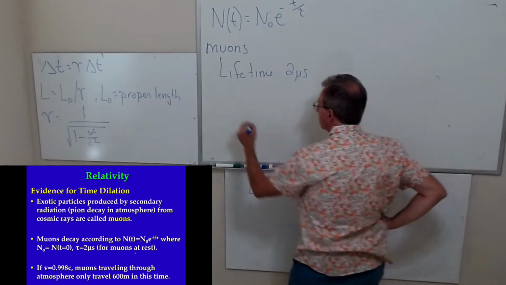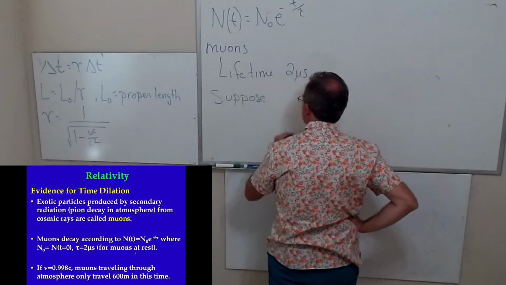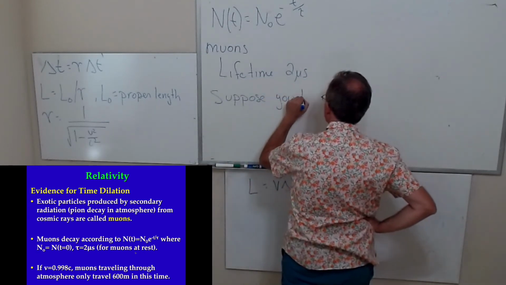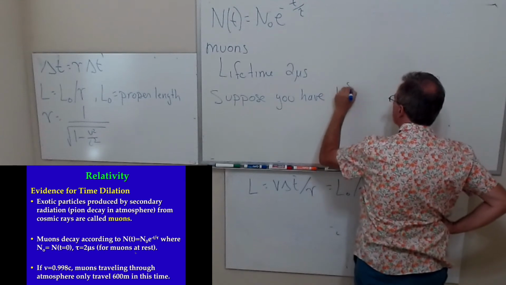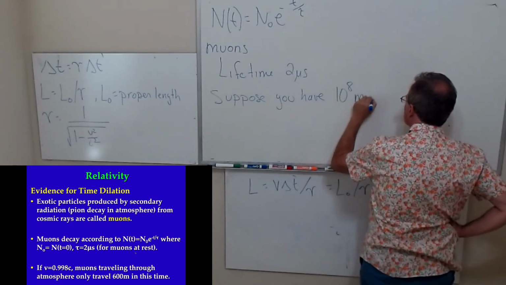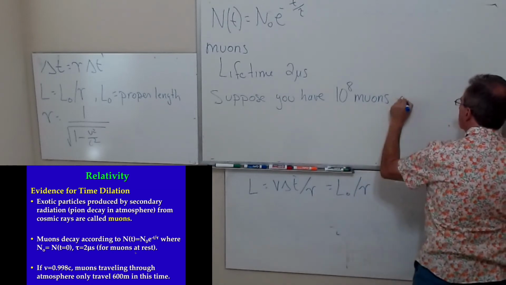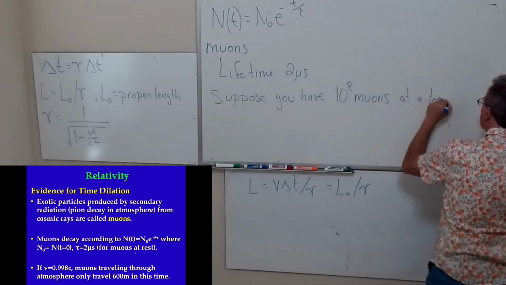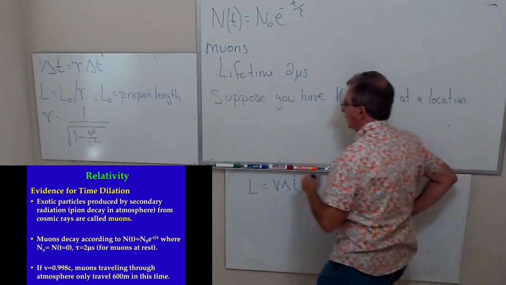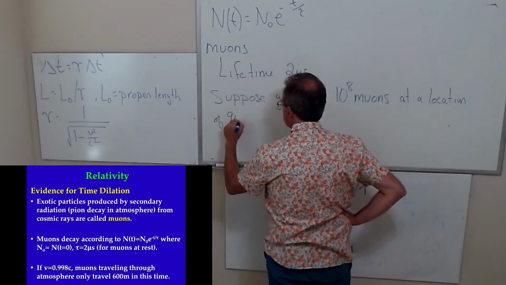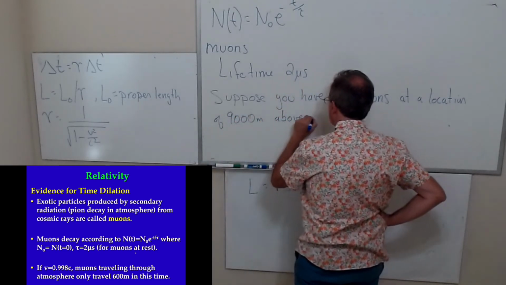So suppose you have 10 to the 8th muons at a location of 9,000 meters above Earth's surface.